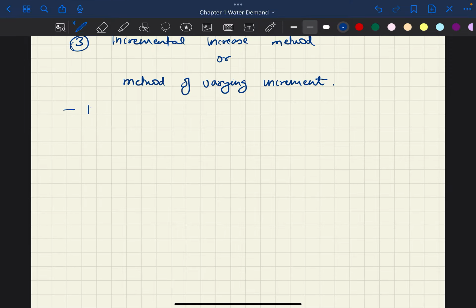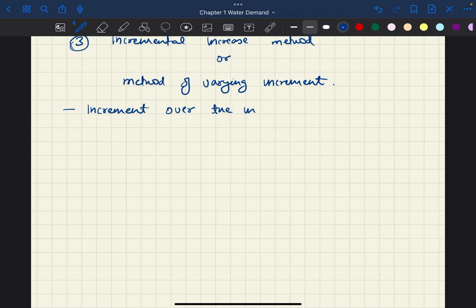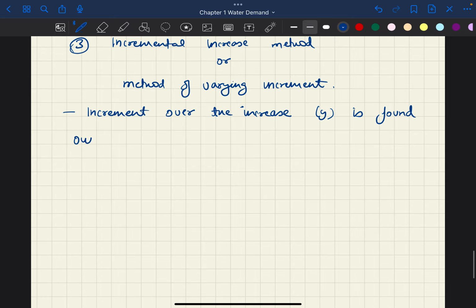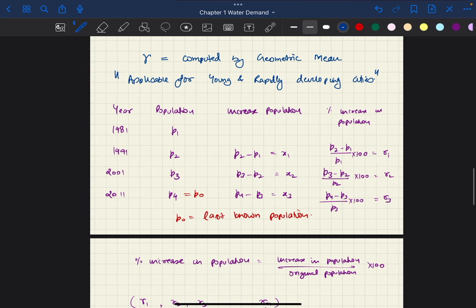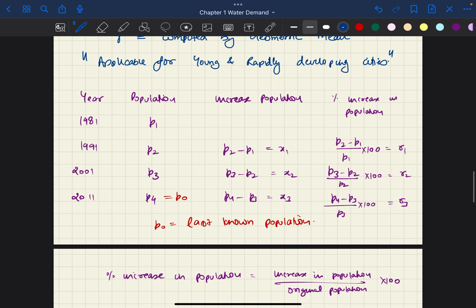So increment over the increase, y, is found out. What is this y?